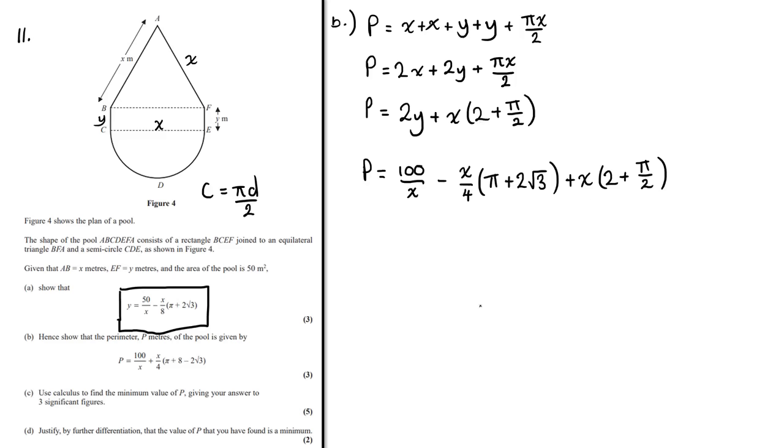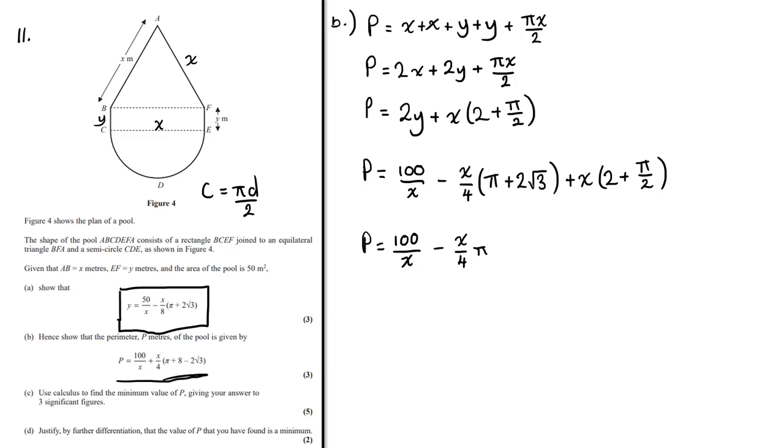And from here now, we're on the right path. We just need to keep simplifying this until we get this expression here. So where do we begin? Well, if you're ever in doubt, what I'd do is just expand brackets. So p is equal to 100 over x, I get minus pi x over 4 or minus x over 4 pi, it's up to you how you express this. And then I'm going to get minus x over 4 times 2 root 3.